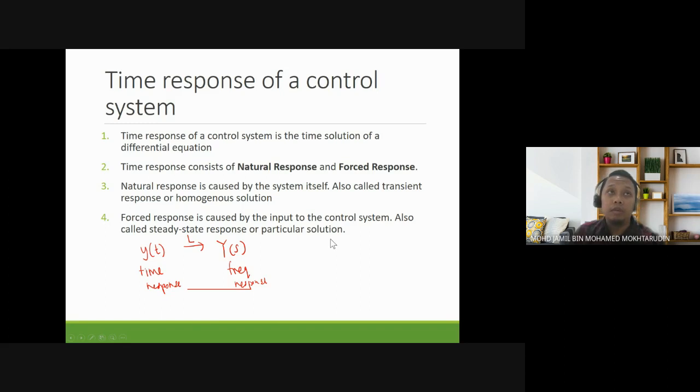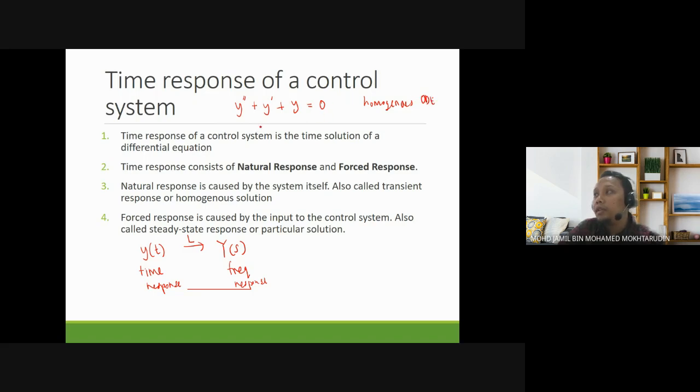So if you still remember your ODE class, you can solve, let's say, y double prime plus y prime plus y equals 0. When this equation equals 0, we call this a homogeneous ODE.